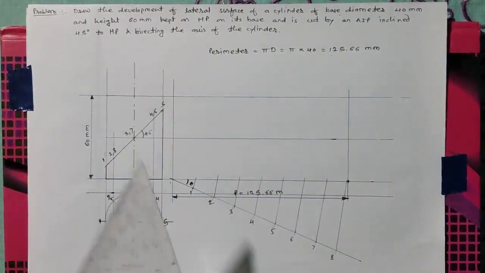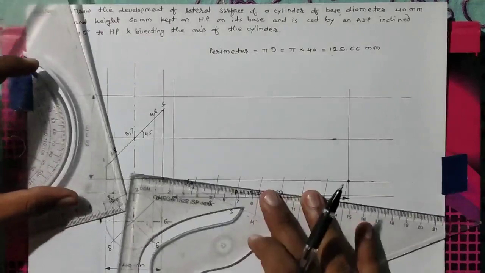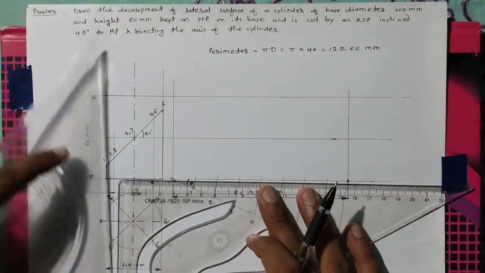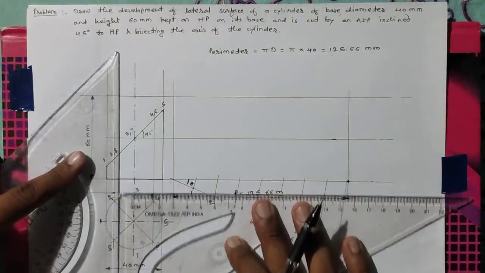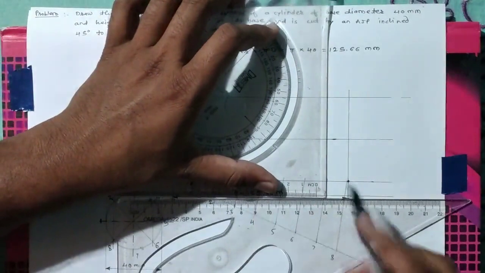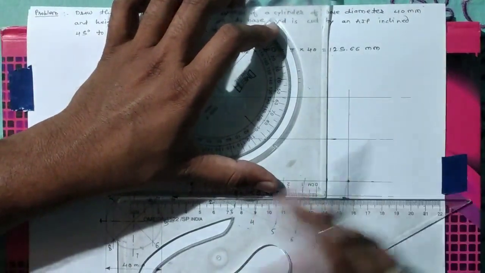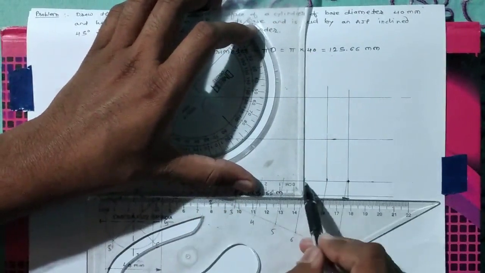After that, draw the projection lines in this rectangle from these 8 parts. We are going to draw these projection lines from these parts. These are projection lines. These lines should be faint lines.